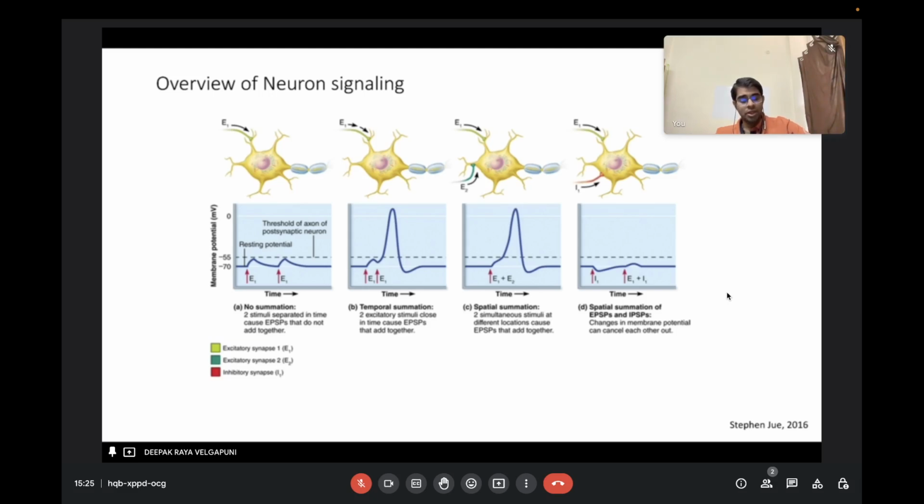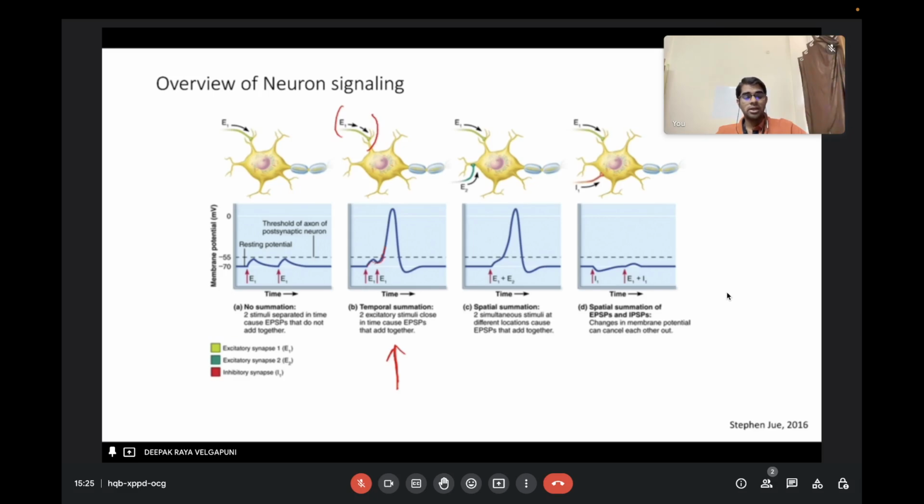This is called temporal summation, where action potentials close in time could help the neuron to cross a threshold. The first pulse excites the neuron a little bit, it is almost at threshold, and at the same time another impulse arrives and it rises and crosses the threshold, and fires an action potential. This way it can do summation in time.